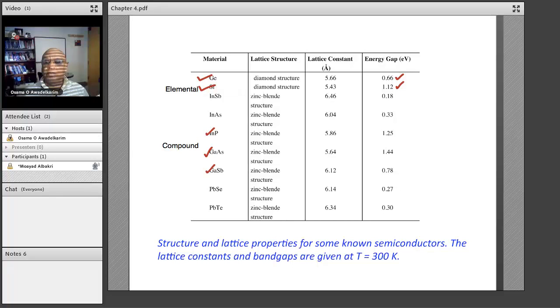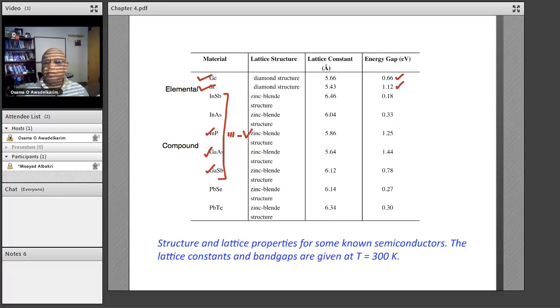All of these are 3-5. Okay, so these are 3-5 compound semiconductors. Indium is group 3. Antimony, arsenic, and phosphorus are all group 5.